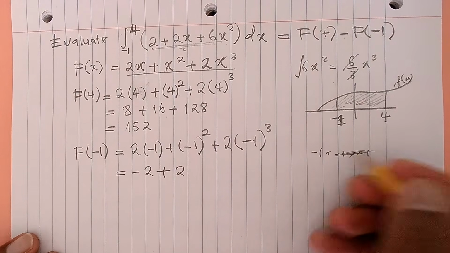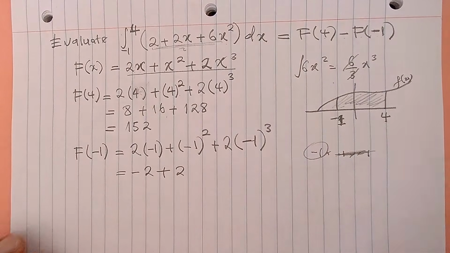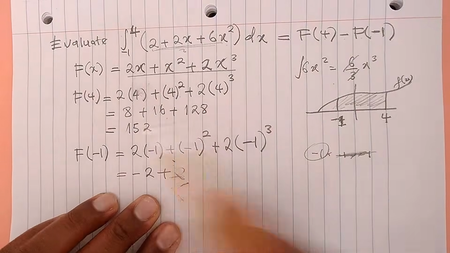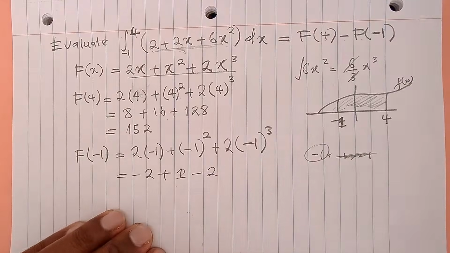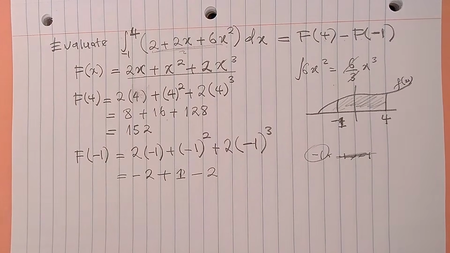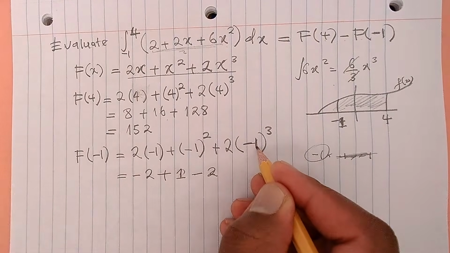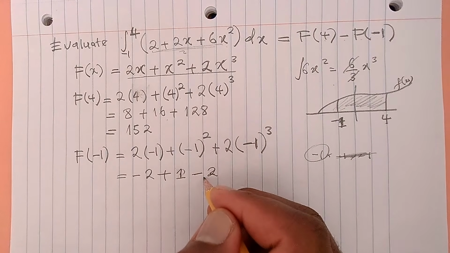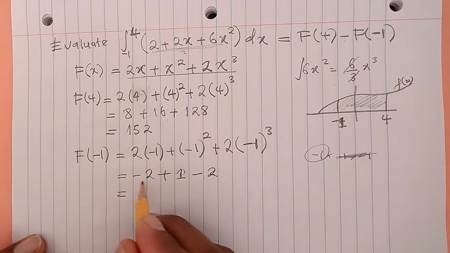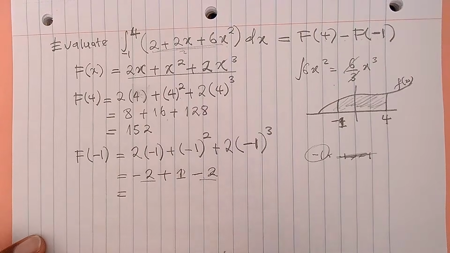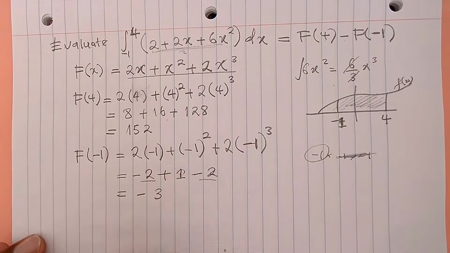The two negatives cancel, negative 1 remains, and multiplied by 2 it is negative 2. So negative 2 and minus 2 will be negative 4, then plus 1 will be minus 3.